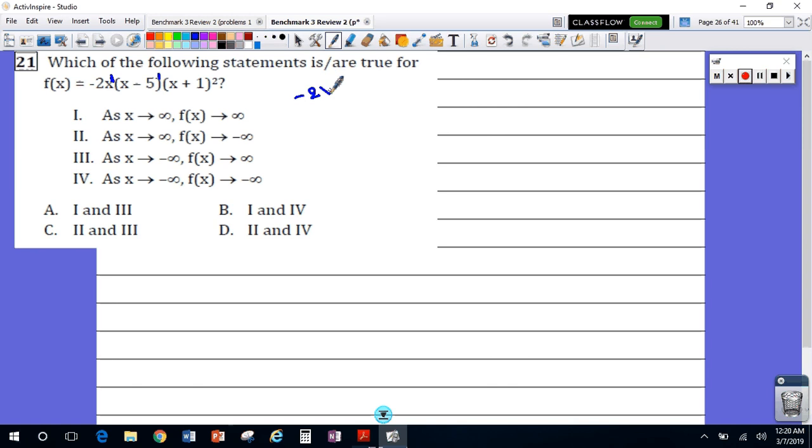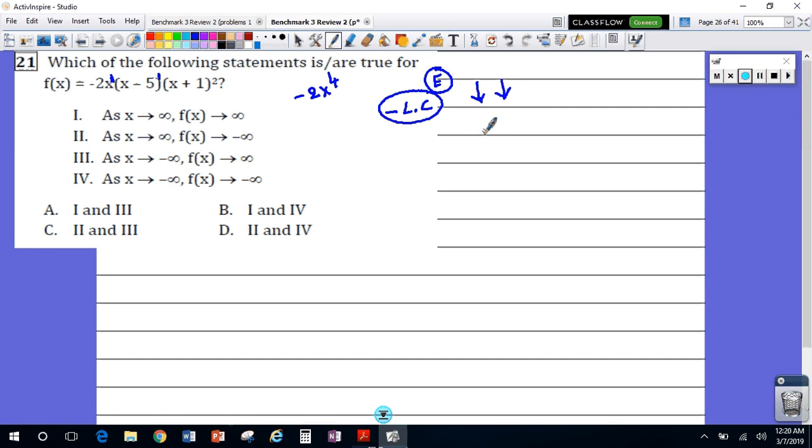So the leading term is negative 2x to the fourth power. So a negative leading coefficient and an even exponent, then both ends will come down.